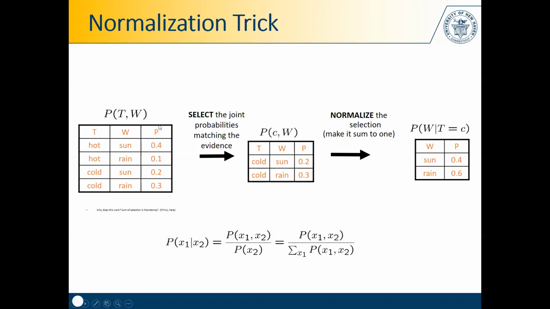So the evidence is temperature being cold. Then we normalize. How do we normalize? The normalization is essentially these probabilities divided by the sum of the probabilities. Any questions about this trick?